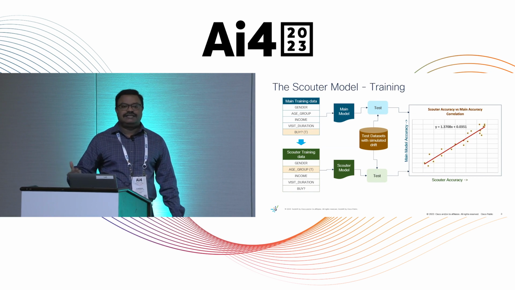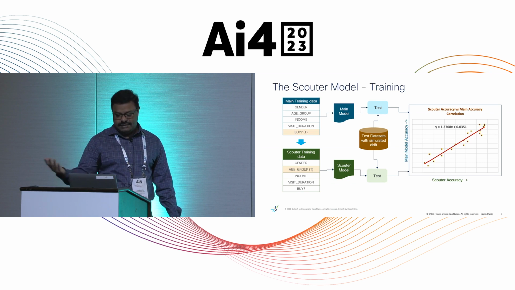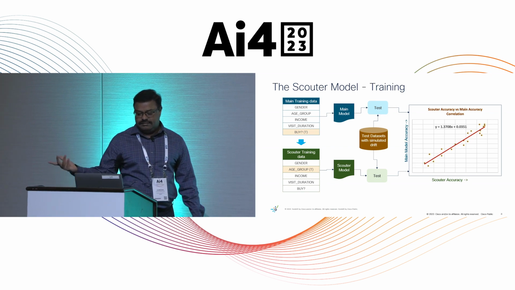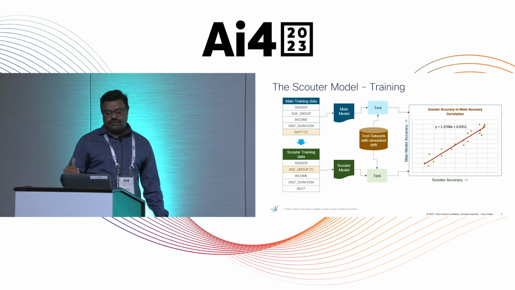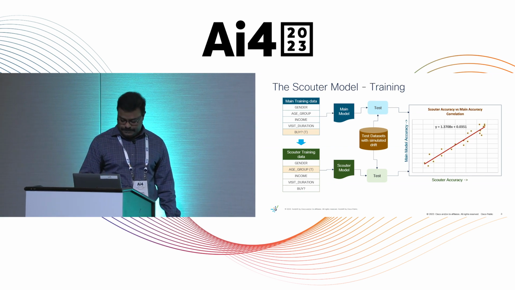But if you can establish this relationship between the Scouter model's accuracy and the main model's accuracy, and have a way of computing that, like in this case, you can do a linear regression and have the equation y equals something x plus something. So using the Scouter model's accuracy, you can then compute what the main model's accuracy would be.